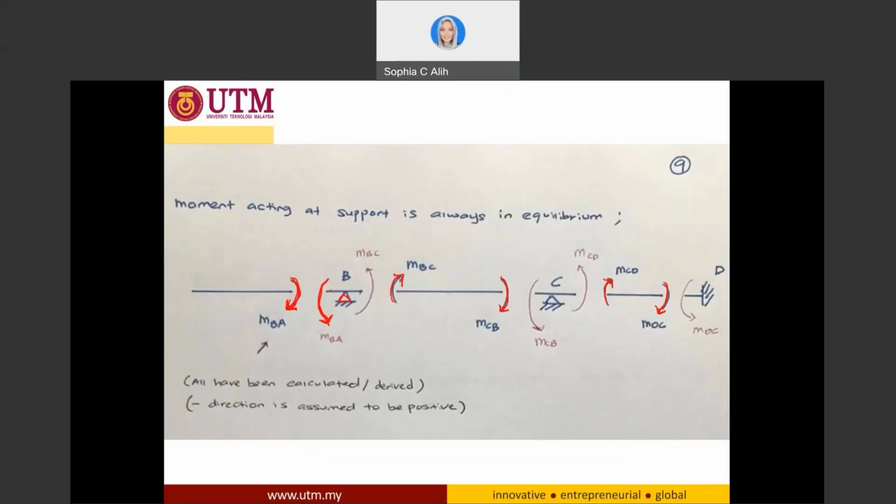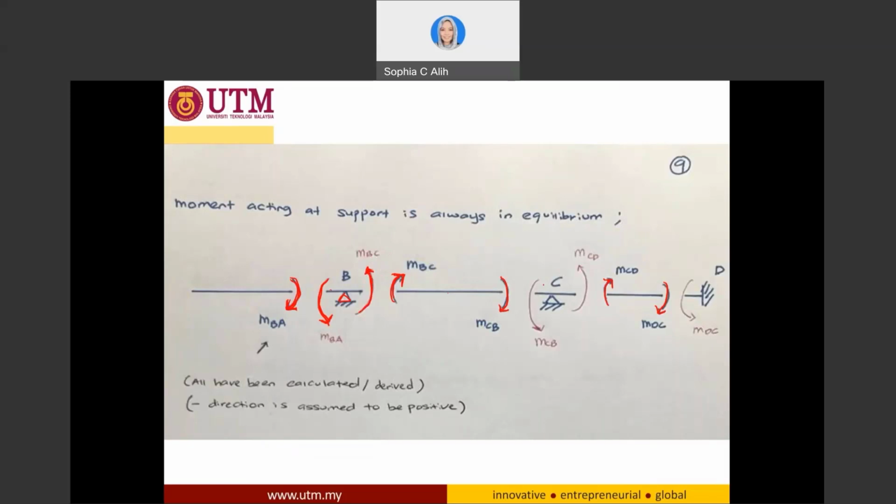In order to maintain the equilibrium of your system, if you have clockwise moment at this end, you will have to balance it with another moment MCB, the same value but opposite direction. So this is why you have in here MCB but counterclockwise.